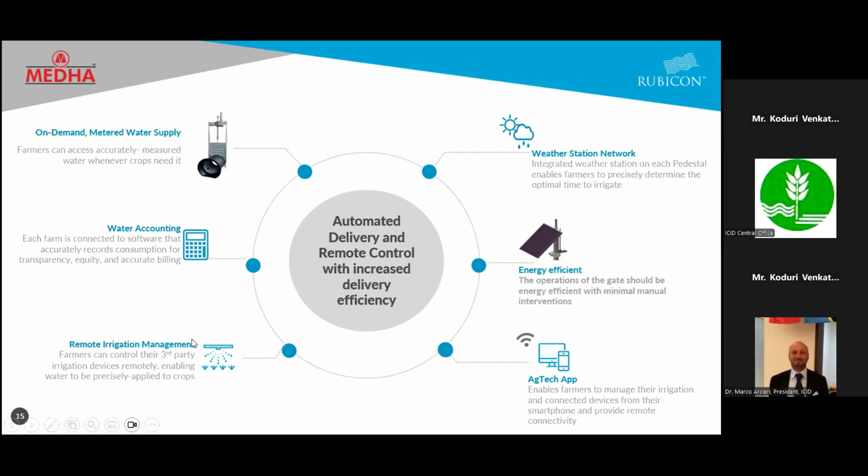Remote irrigation management, where you can use the applications to identify how much water has to be released at what time. Water accounting becomes a very important factor where water can be measured and precisely applied to the irrigator or the person who is benefiting. And finally, the main metering device. How much water is required can be metered along with the controllable structures which are controlling the flow of the water through them.